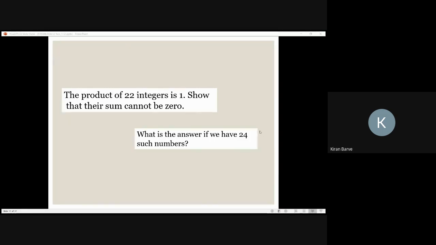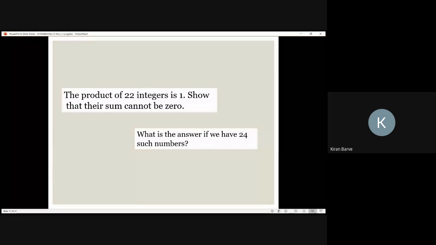I don't think Aparna likes this answer. Aparna? Okay. So, is everybody convinced that the number of minus ones should be even? Because minus 1, 1, minus 1, 1. So, minus ones should be paired.